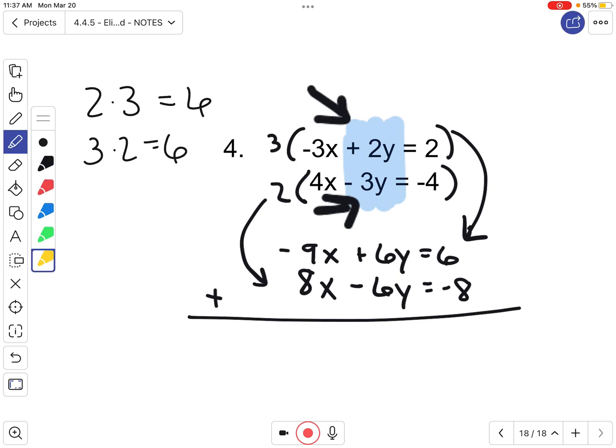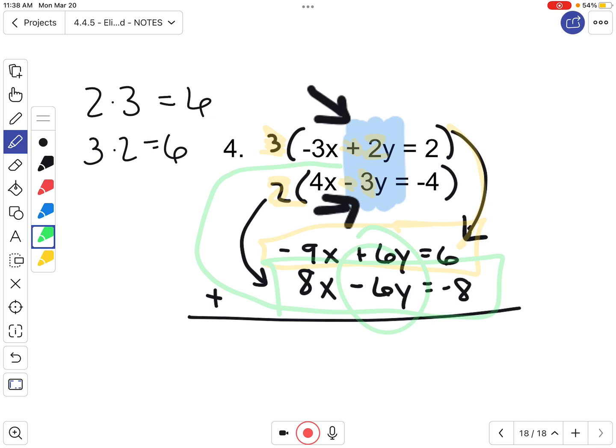I did like that I already have a positive and a negative, so I just had to take this equation that started with 2 and multiply everything, scale it up by times 3. In the second equation, I had the 3, so I'm going to times everything by 2. So my top equation becomes this one when it's 3 times bigger. My bottom equation becomes this one, and now my x's are going to eliminate.